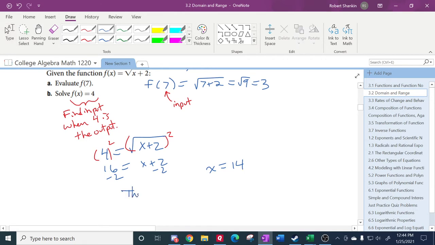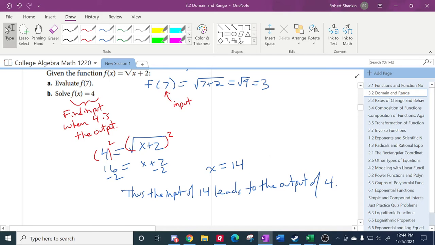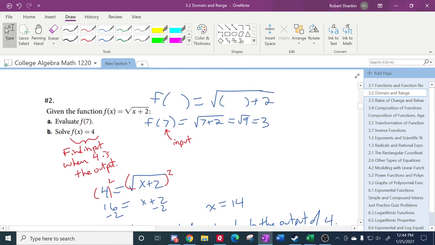Thus, the input of 14 leads to the output of 4. Function, input, output process. 14 goes in, 4 comes out.